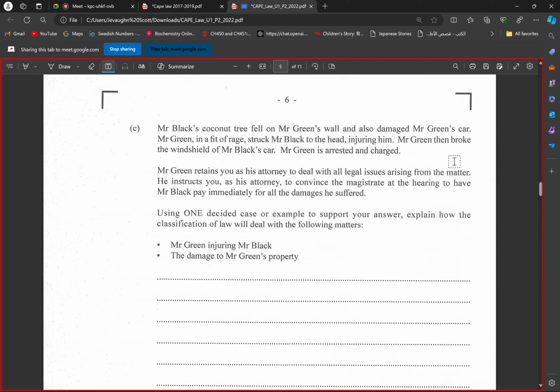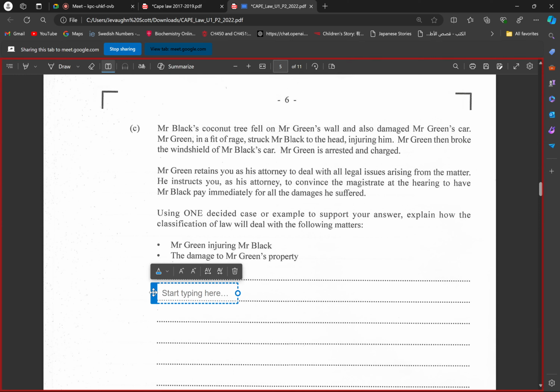He instructs you as his attorney to convince the magistrate at the hearing to have Mr. Black pay immediately for all the damages he suffered. Using one decided case or example to support your answer, explain how the classification of law will deal with the following matters. So, Mr. Green's injuring Mr.